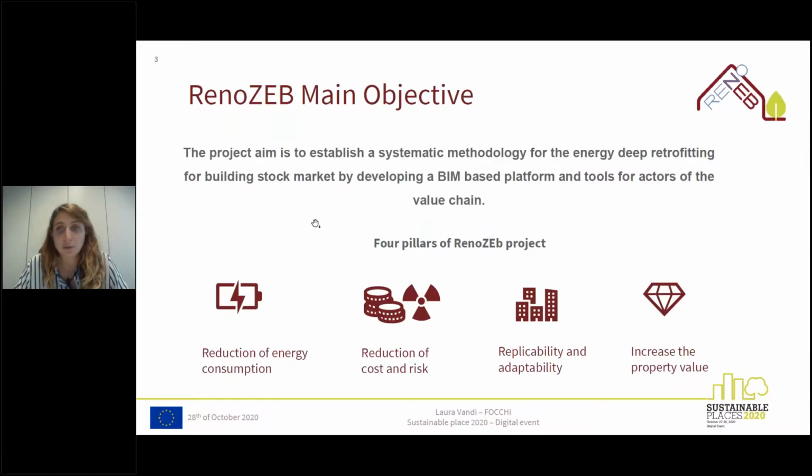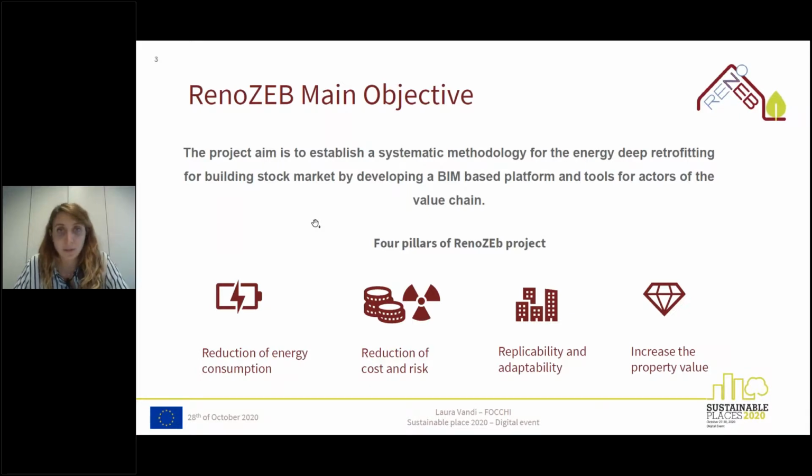Just to give you an overview of the renoZEB objective, the project aims to establish a systematic methodology for energy deep retrofitting, in particular for the building stock market. This objective is achievable by developing a BIM-based platform and tool for actors and the value chain.